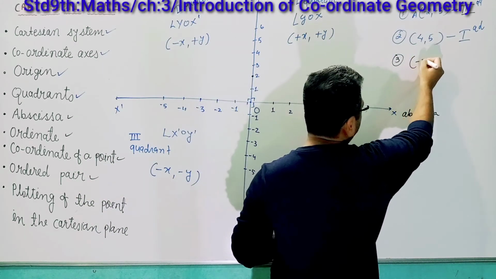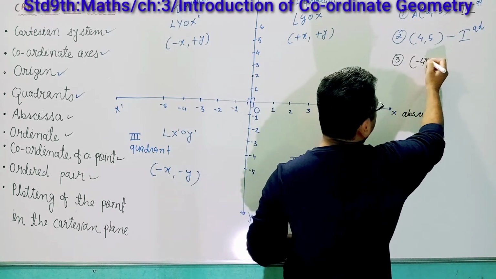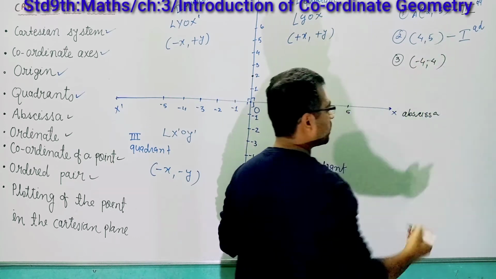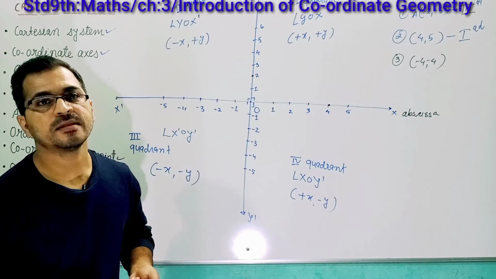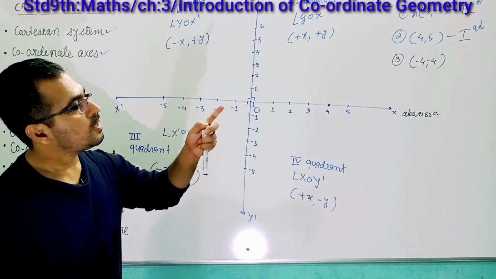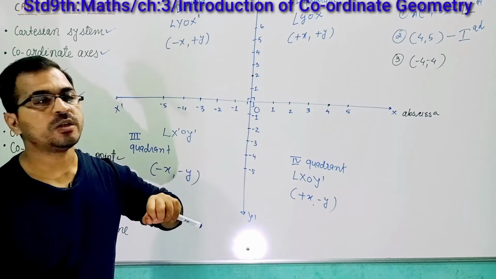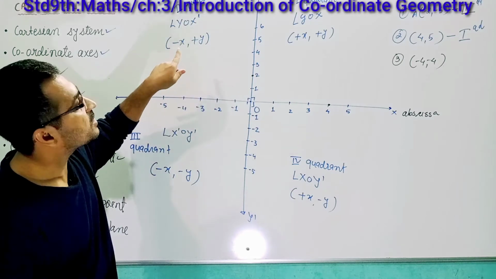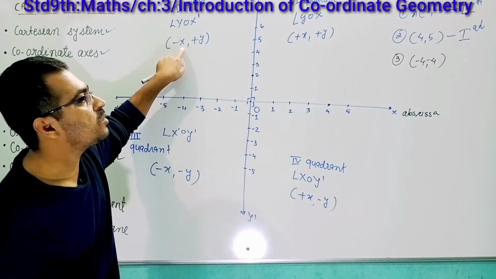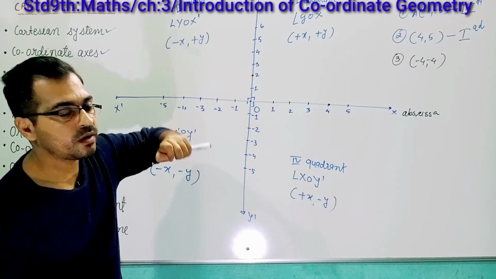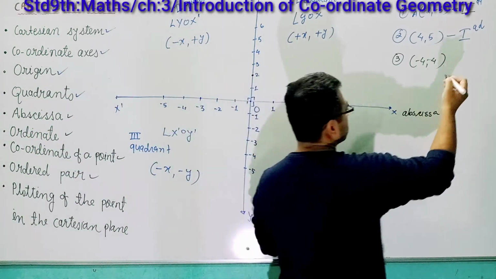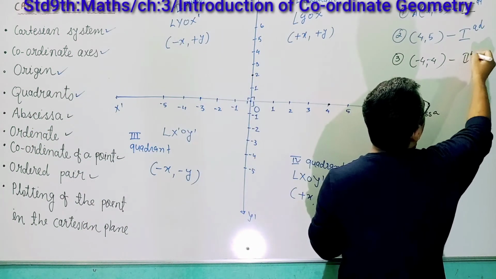Taking a new example, -4 and +4. Where does it lie? X is negative and y is positive. So you can see that where x is negative and y is positive is second quadrant, -4 and 4. So this lies in second quadrant.